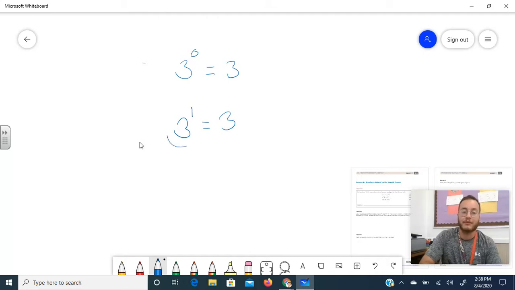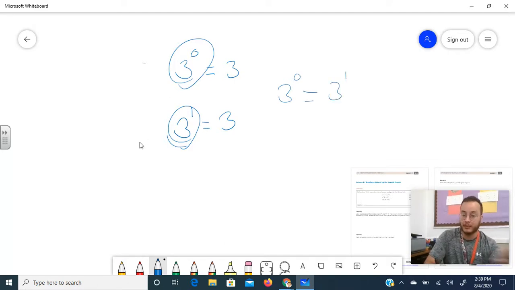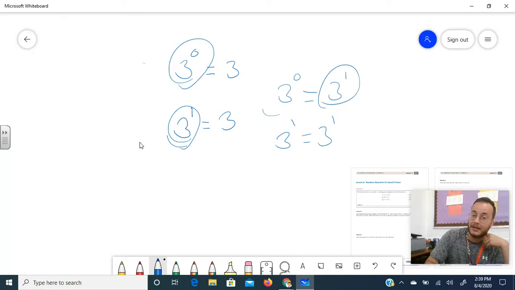We can't have two notations that mean the same thing, because then that becomes contradictory whenever you're trying to solve something. I can't tell you that 3 to the 0 equals 3 to the 1st, because they're two different things. If they equaled each other, then I would just say that 3 to the 1st equals 3 to the 1st. This equals 3, this does not.